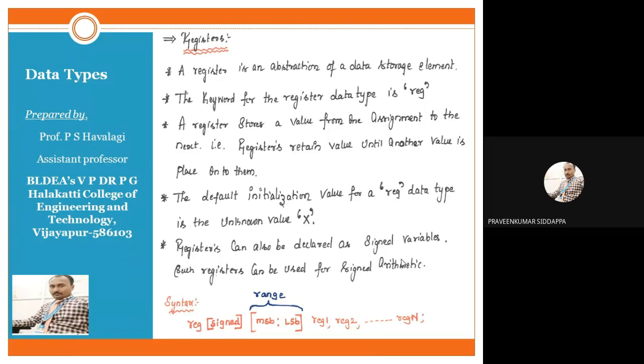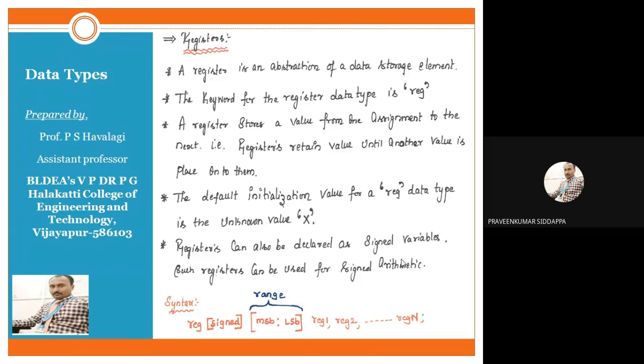If you assign any new value to that particular register, the previous value will be deleted, and the new value will be stored in that register. Registers retain a value until another value is placed on them. The default initialization value for a register data type is the unknown value X. Remember it.